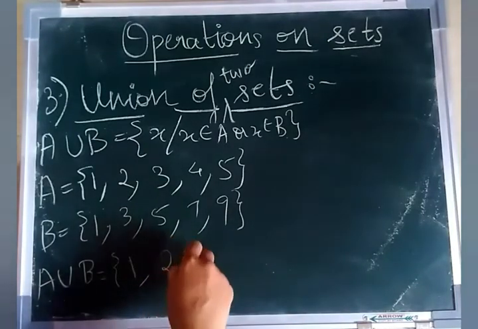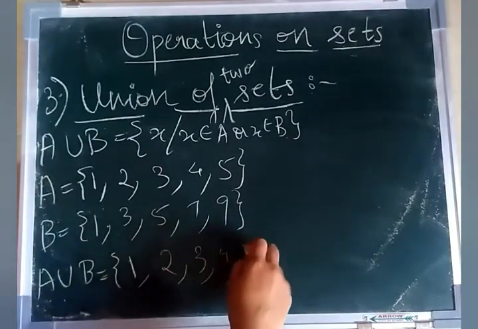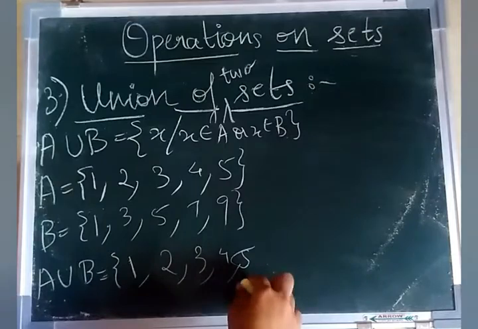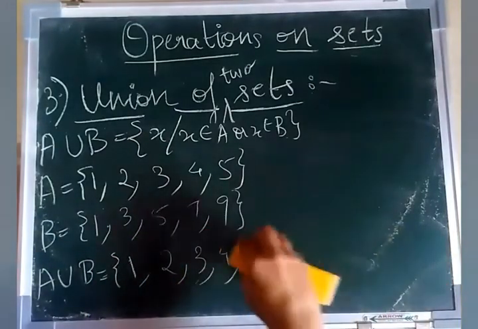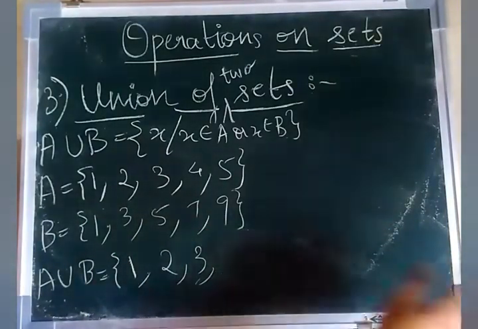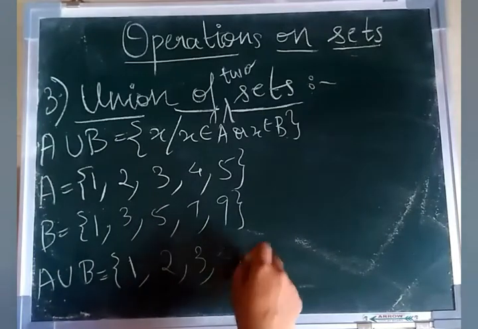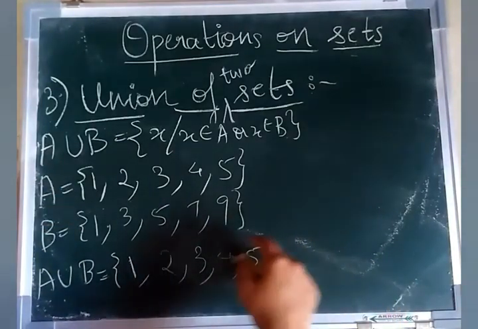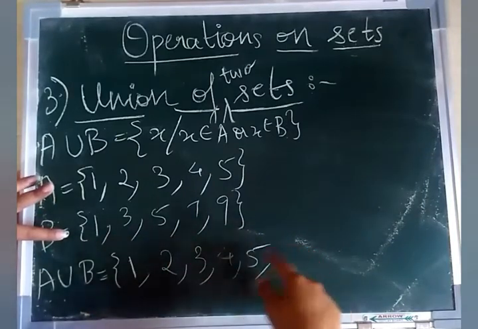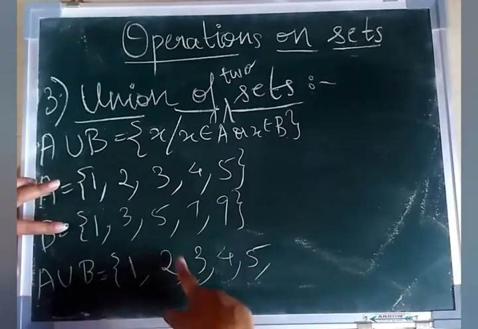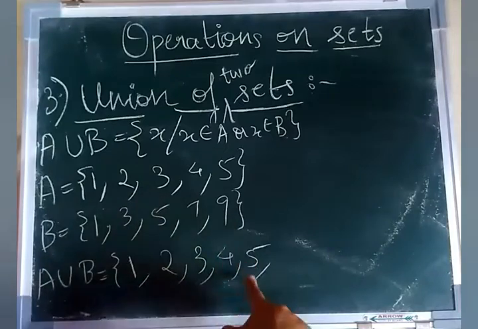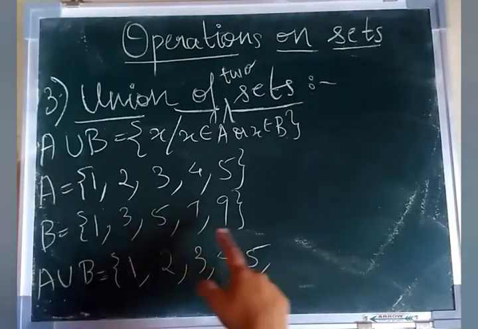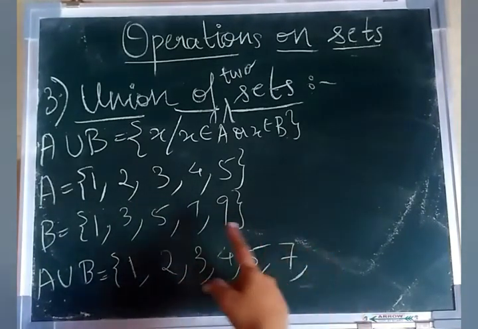So first I will write elements of A, and then I have to write elements of B. So 1 I have already written, so I won't repeat it here. 3 also I have already written, so no need of repeating. 5 also already written. 7 is not written, so 7 I have to write, and 9.